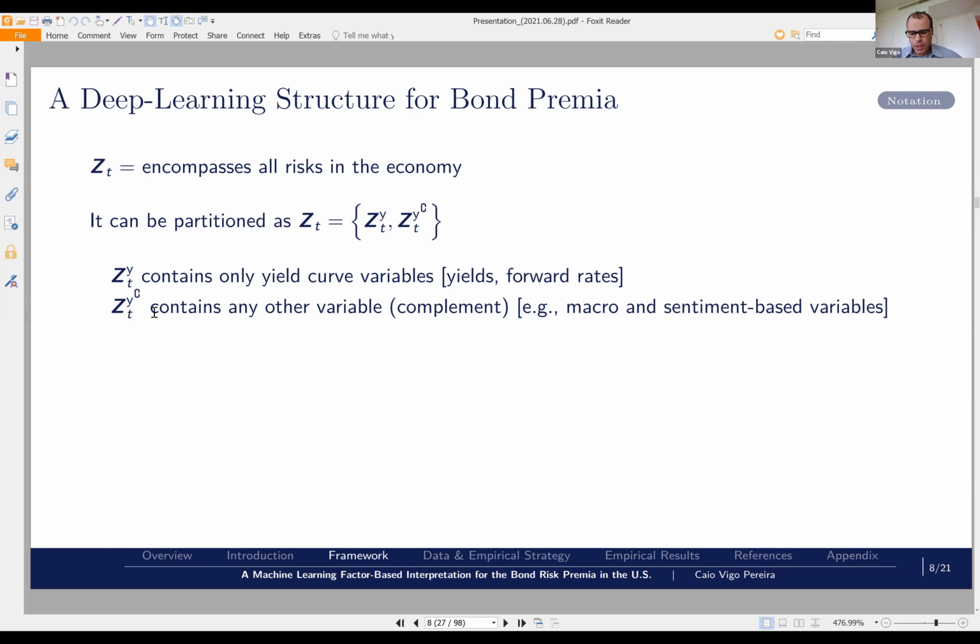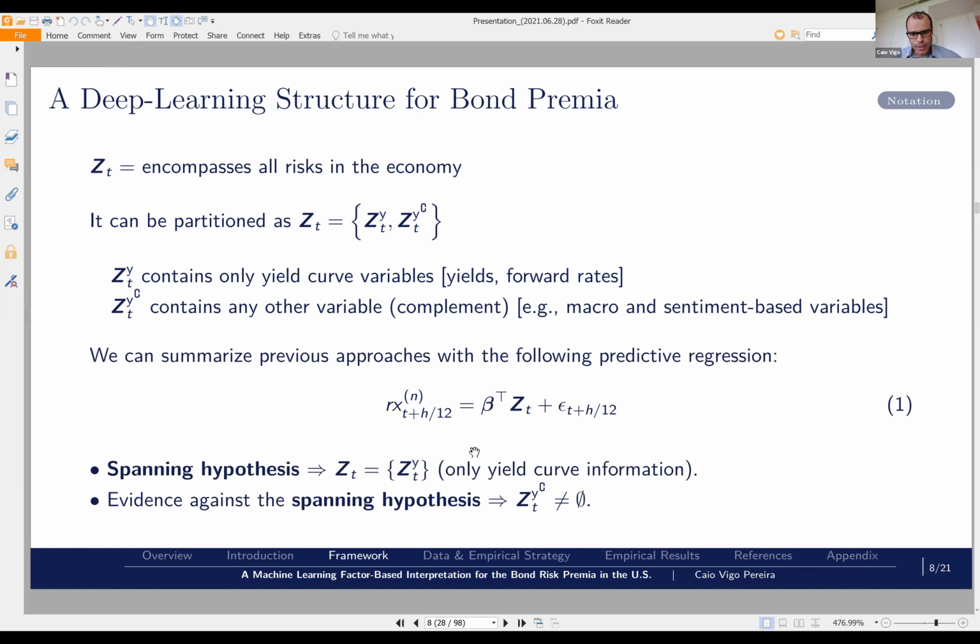The whole idea, perhaps I would say, in this literature is to do some sort of predictive regression like this. So whatever you're going to consider as Z, and we can use some of the papers that I mentioned, be it a linear combination of forward rates, whatever. So it's all this Z here. Rx is the excess returns. This is the notation used in this literature, Rx.